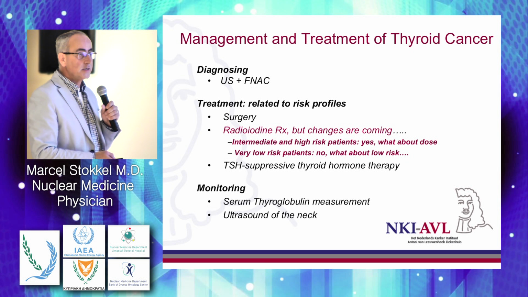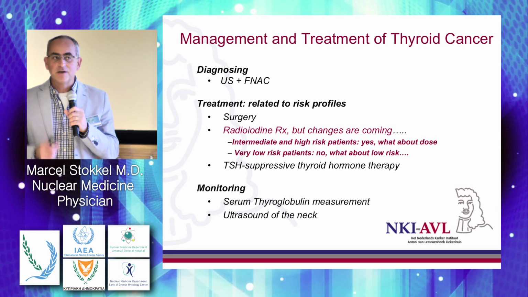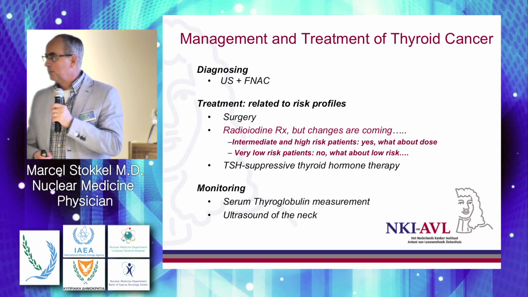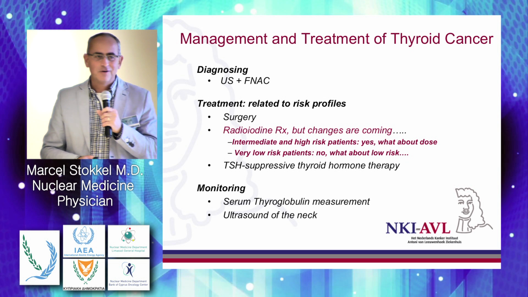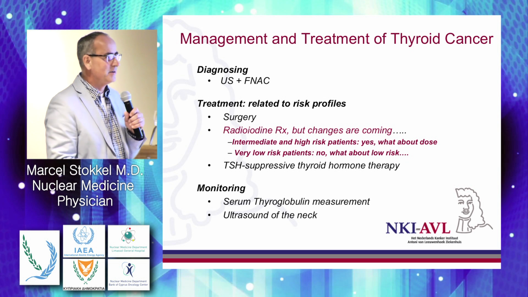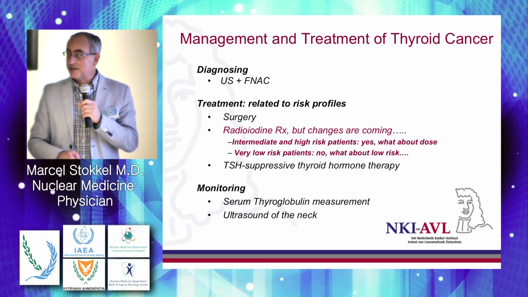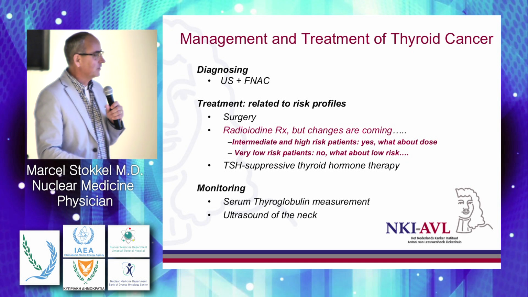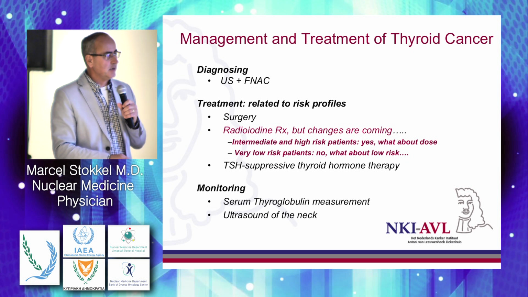But what about low risk? Be very careful when a patient has multifocal cancer and when there is a lesion of 0.9 millimeters. Is it a failure of measurement or is it really 0.9 millimeters? So is it a very low-risk patient or is it a low-risk patient? Very, very difficult. And finally, monitoring. There is no role at initial stage for nuclear medicine.